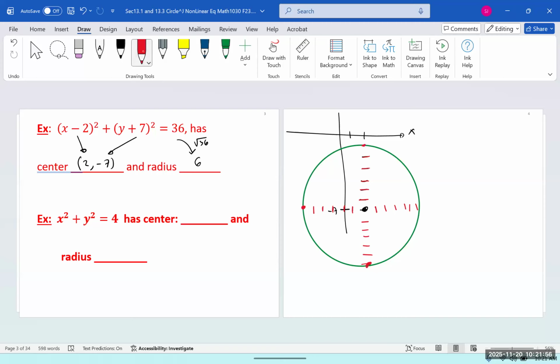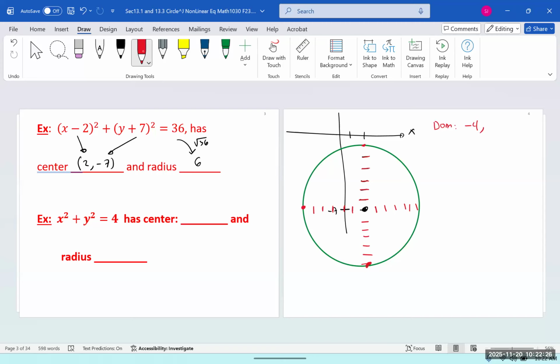So we can already see just by observing our center and radius how big the circle is. Now from here, we can find out the domain. Means what's the smallest x value to what's the largest x value. So in this circle, what is the smallest x value we have? -4. What's the largest x value we have? 8.